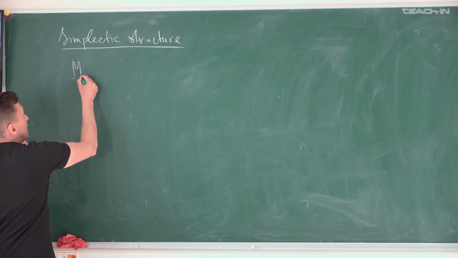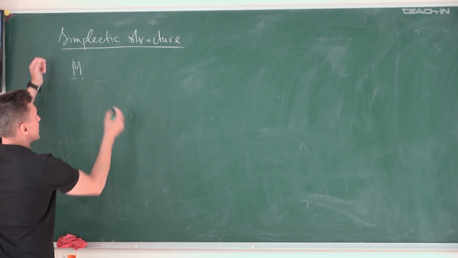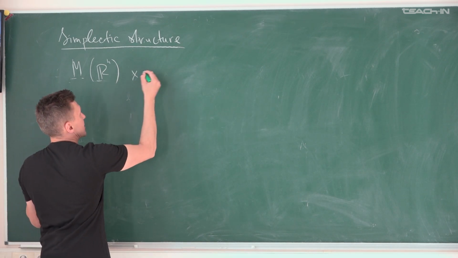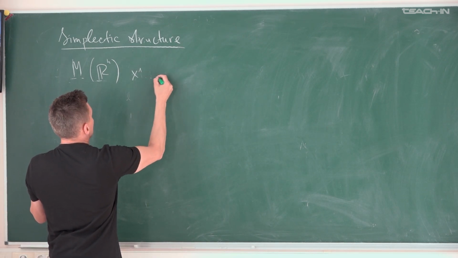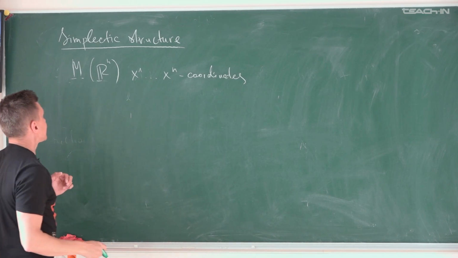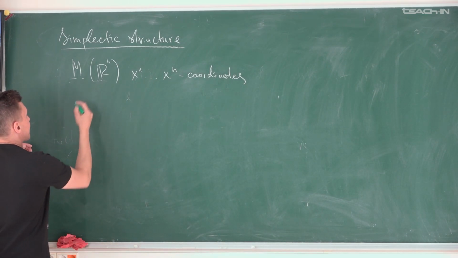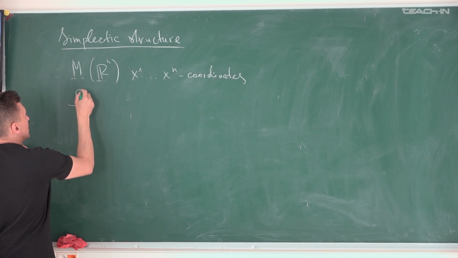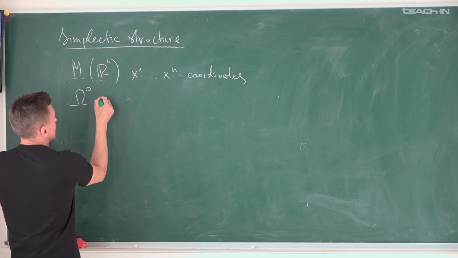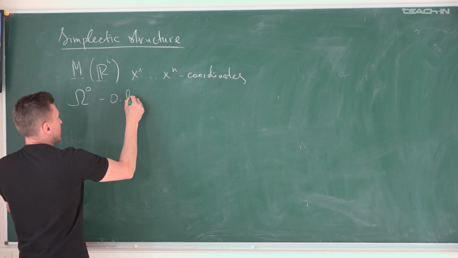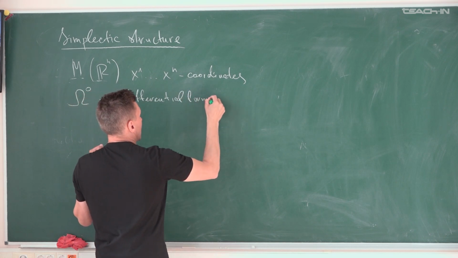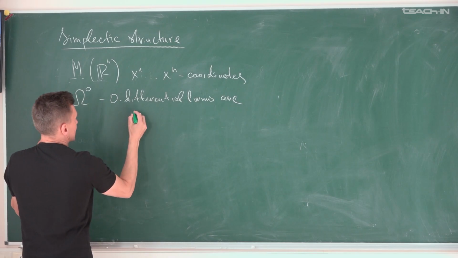So we consider an example of a smooth variety, which is just R^n with coordinates x_1, ..., x_n. 0-forms on smooth varieties, 0 differential forms, are just smooth functions.